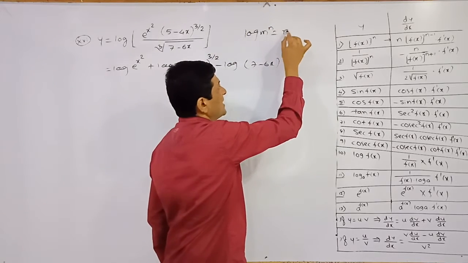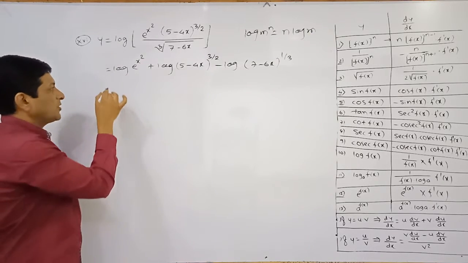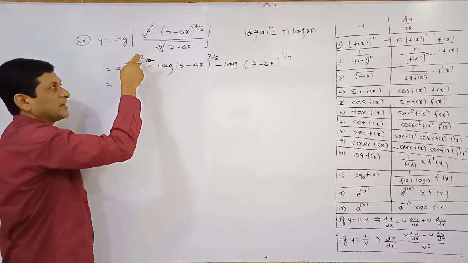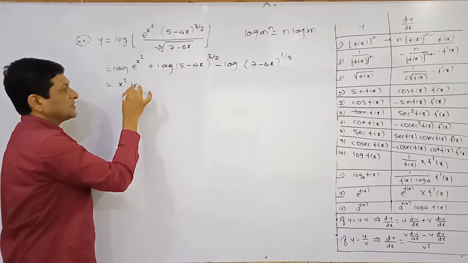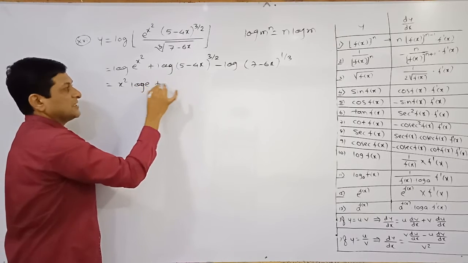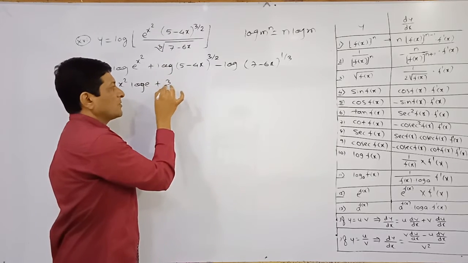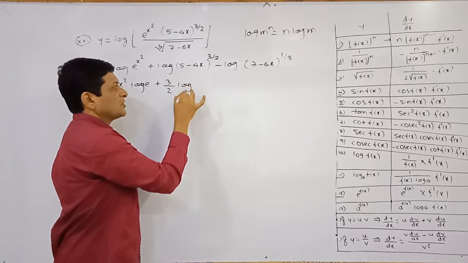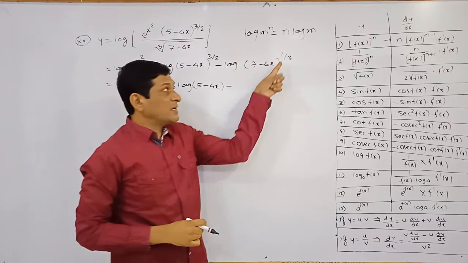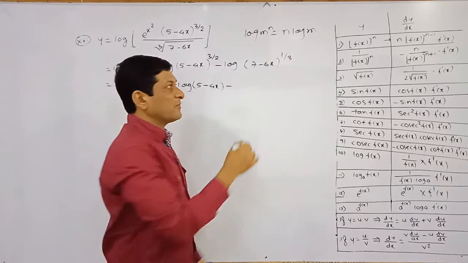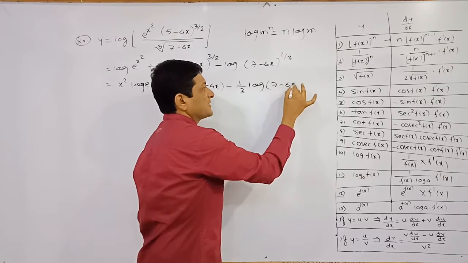So here the power x square is taken as a coefficient, so we get x square log e, plus, the power 3 by 2 taken as coefficient, 3 by 2 log of 5 minus 4x, minus, and the power 1 by 3 taken as coefficient, 1 by 3 log of 7 minus 6x.